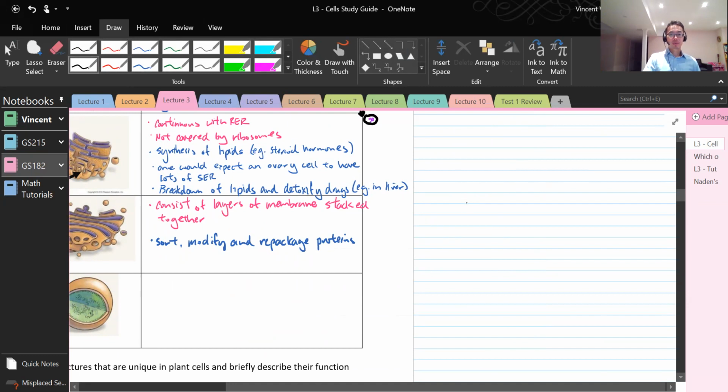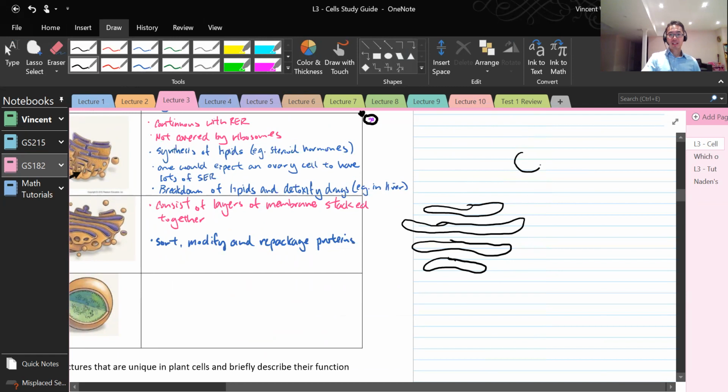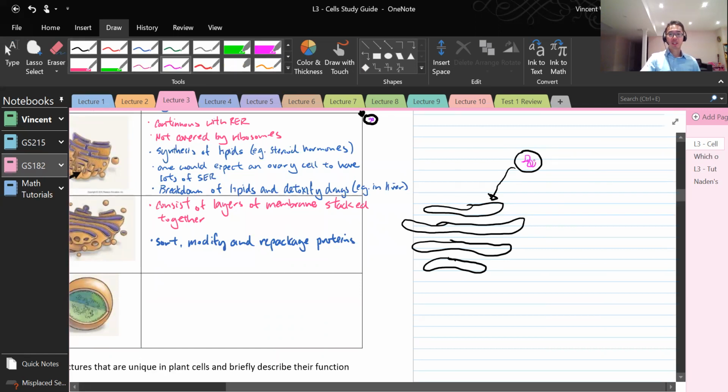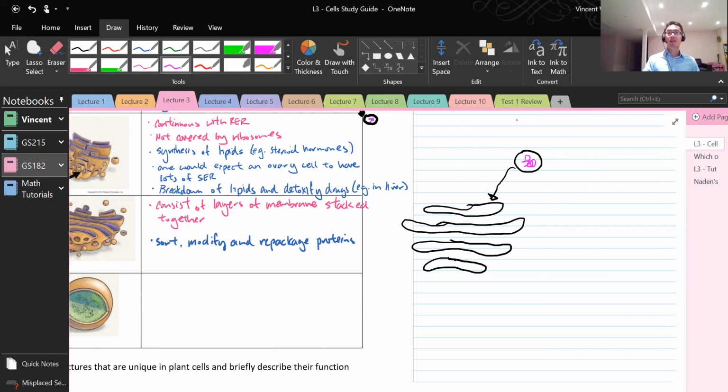All right, so we're going to have one stack, two stacks, three stacks, four stacks, whatever, it doesn't matter. And what happens is we're going to have a vesicle coming from, say, the rough ER. Inside this vesicle we have a little bit of protein. Now this protein might or might not be completed. There might still be some things to be added on.